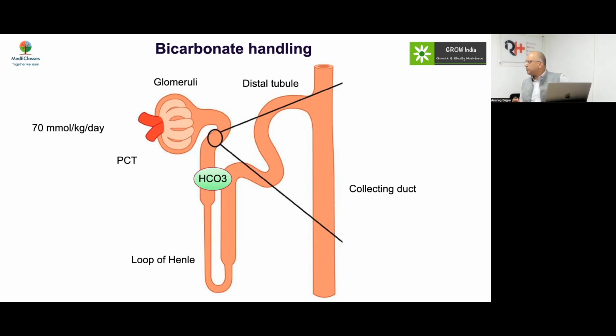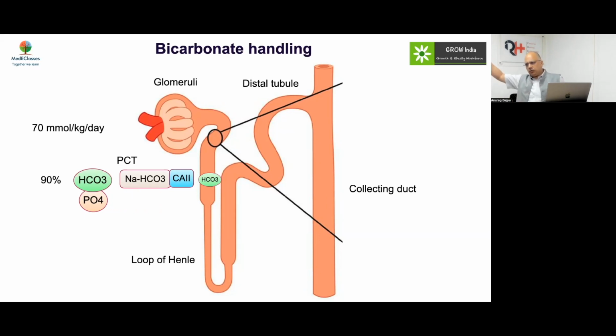And more than 99% of your bicarbonate will be absorbed using the carbonic anhydrase, which is there, and the sodium bicarbonate transporter. So it's like a co-transporter. It's not a very active transport except for the carbonic anhydrase. Now, 90% of bicarbonate is absorbed here, and around 10% will be absorbed in the distal tubule.